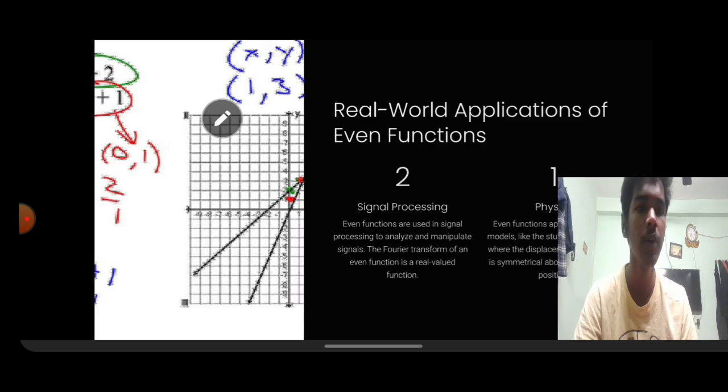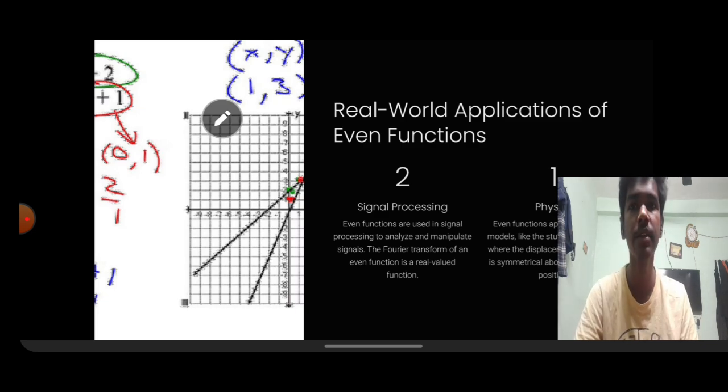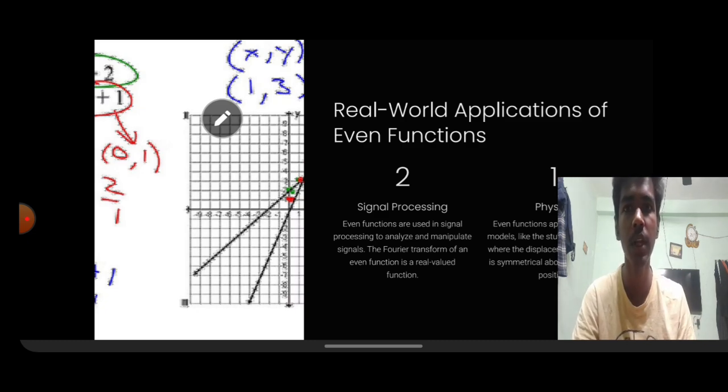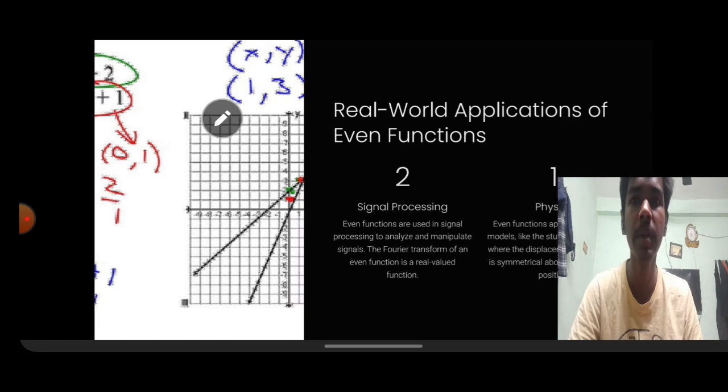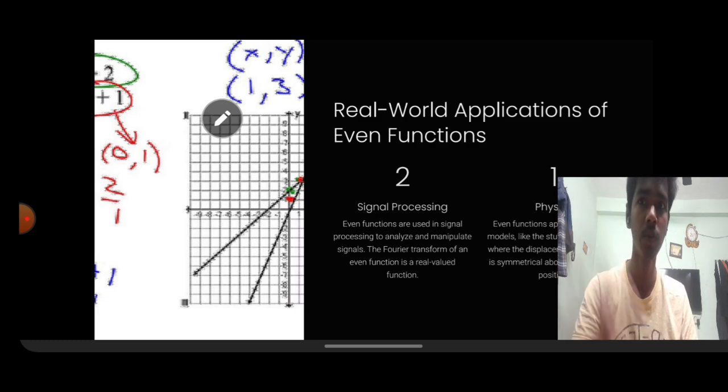In real life, even functions are used in signal processing and in physics, for electric fields and forces with source symmetry. They are also used by engineering students for analyzing waveforms, etc. They are also used in economics, like cost and profit curves often modeled as even functions. Their symmetry simplifies analysis and computation.